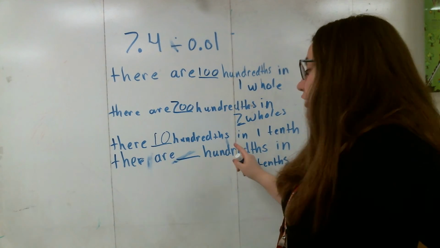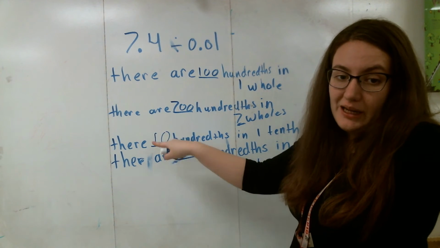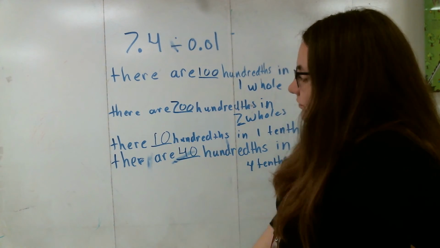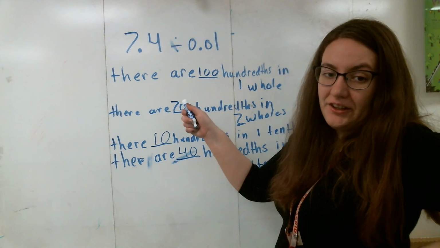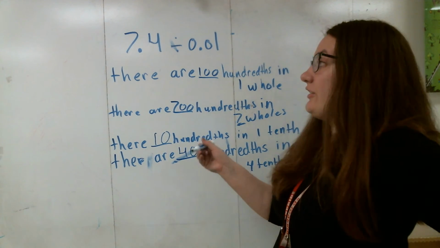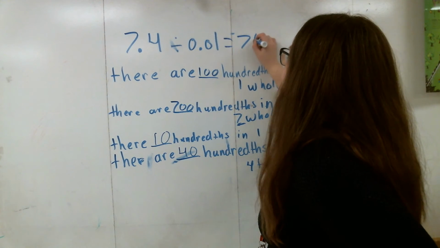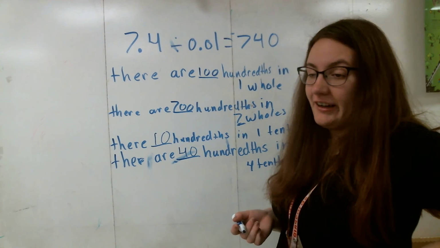If there's 10 hundredths per 1/10, then 4/10 can just be multiplied by this 10 right here, and 10 times 4 is 40. So right now, what I'm going to be adding up is 700 hundredths plus 40 hundredths, which when I add 700 plus 40, I get 740. And that would be my final answer.